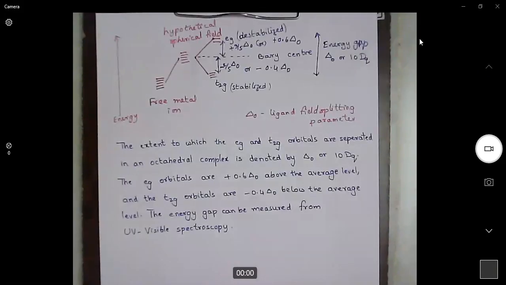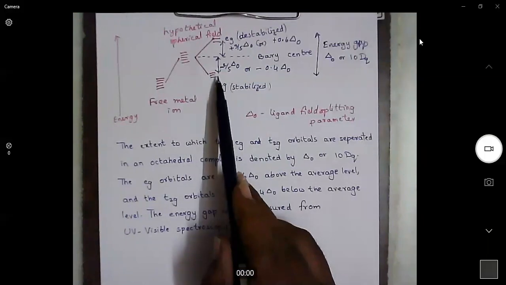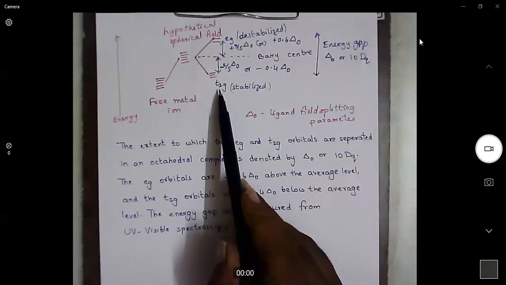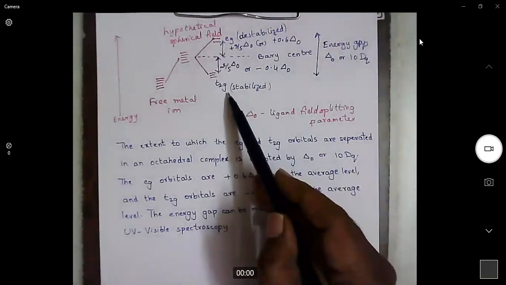In the last class, we discussed octahedral crystal field splitting. In an octahedral complex, the 5 degenerate d orbitals will split into two groups, the low level T2g and the high level Eg. T2g orbitals are stabilized.